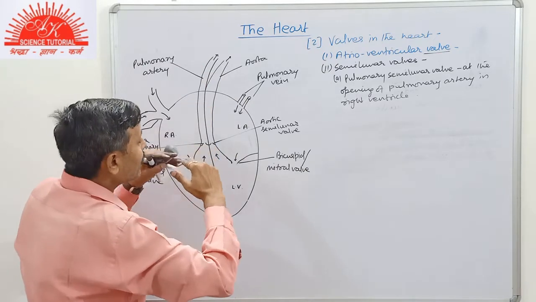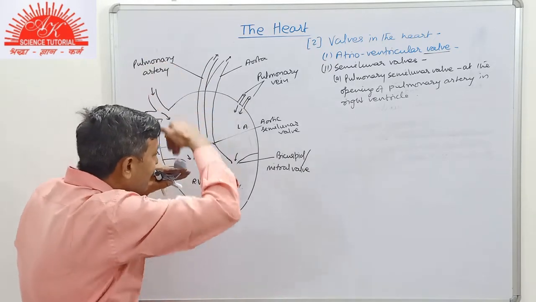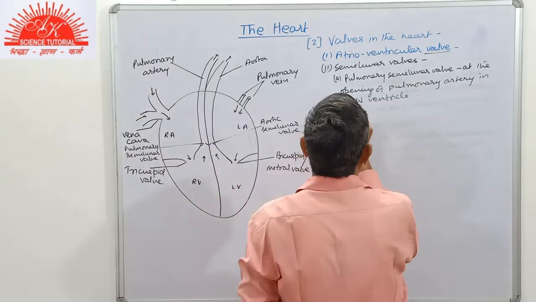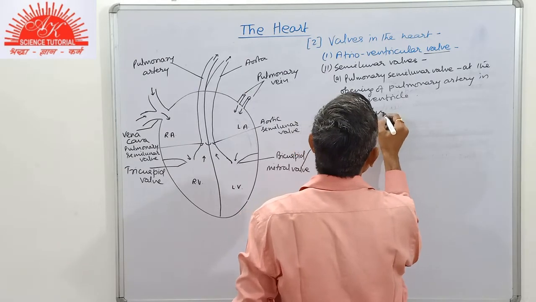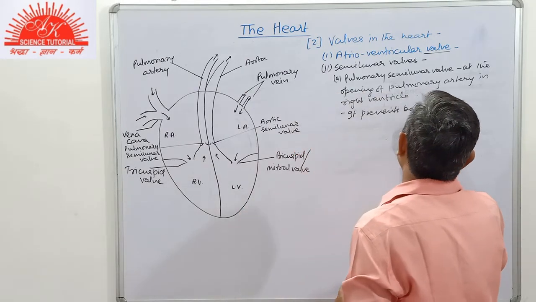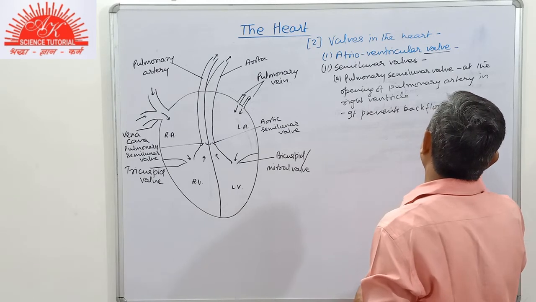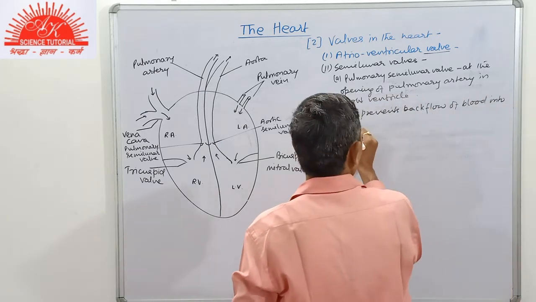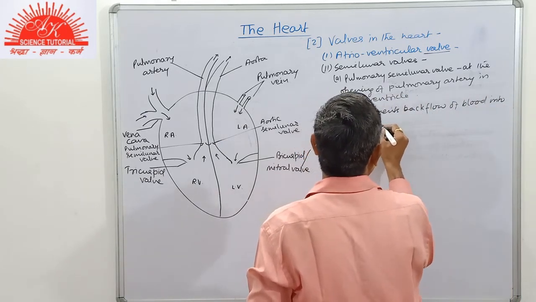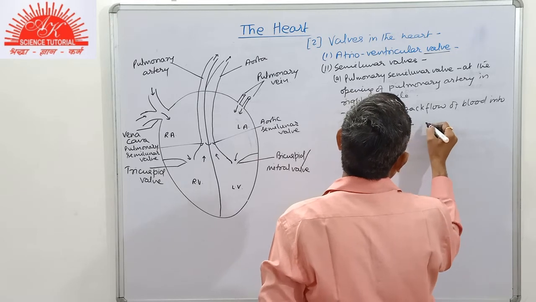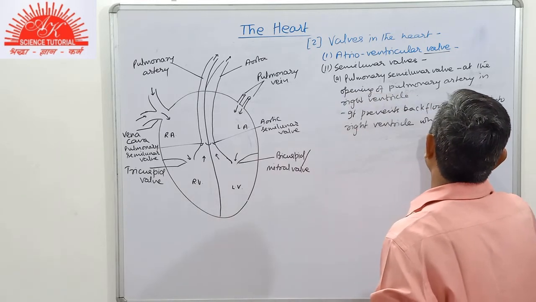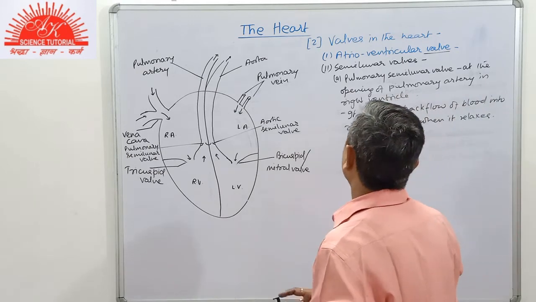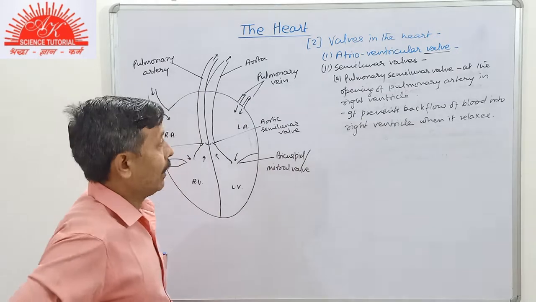At that time, this semilunar valve, due to the pressure of the blood, gets closed and prevents backflow of blood into the right ventricle when it relaxes. So this is the pulmonary semilunar valve.